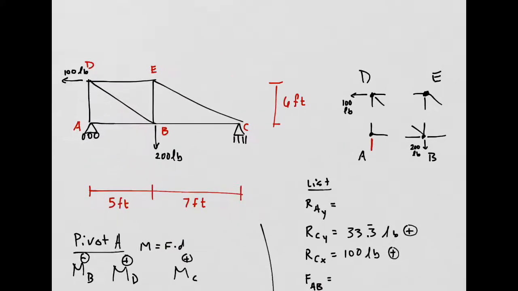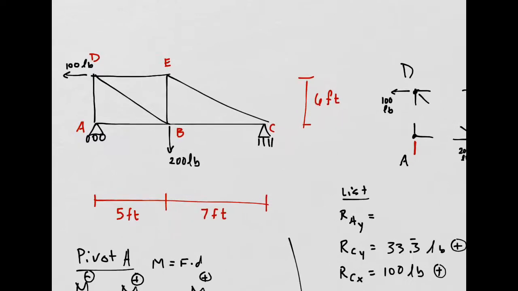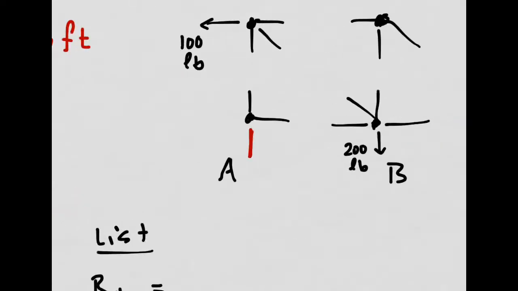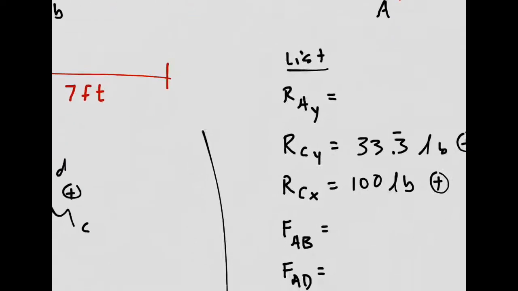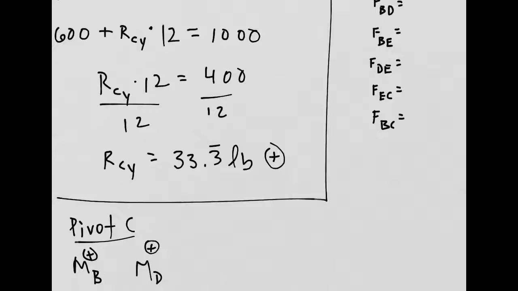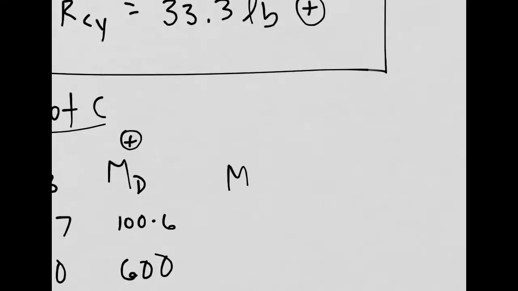So that means these moments are adding together, and they want you to spin this way. So the force at A has to be going upwards, so you can counteract it. That would make it a negative moment due to the force at A.